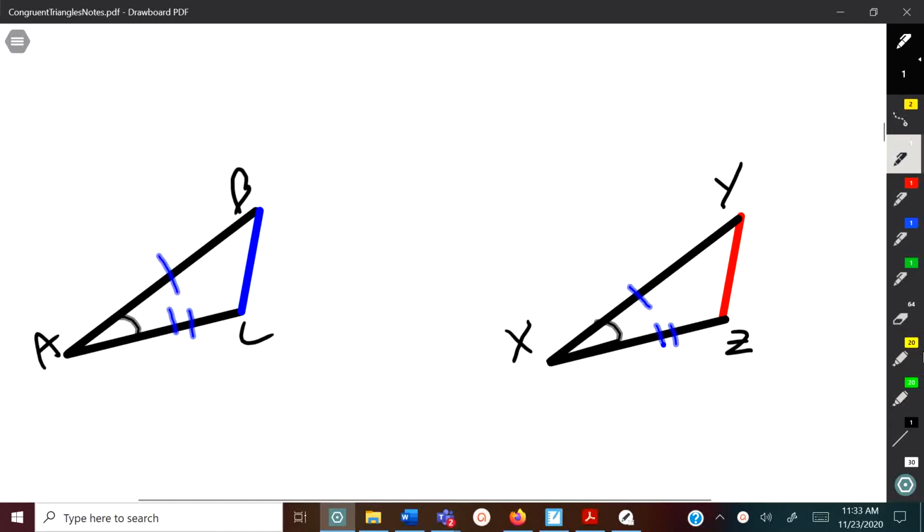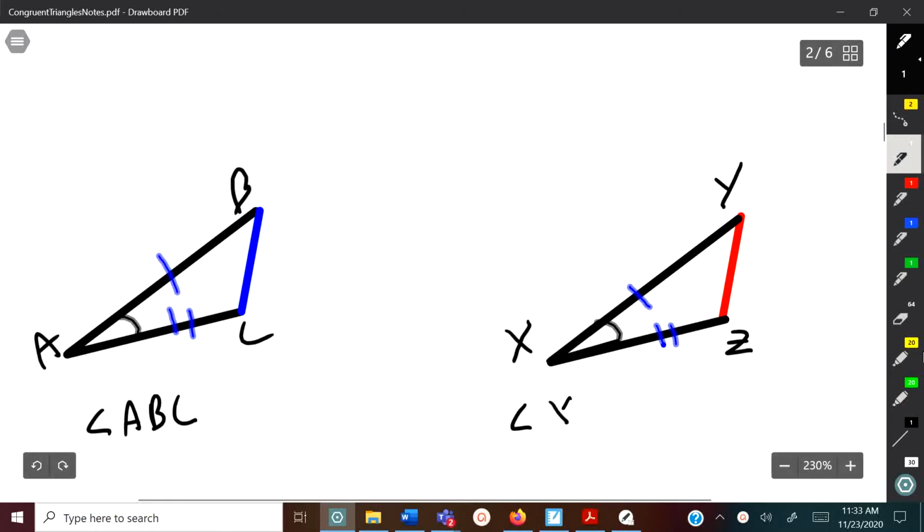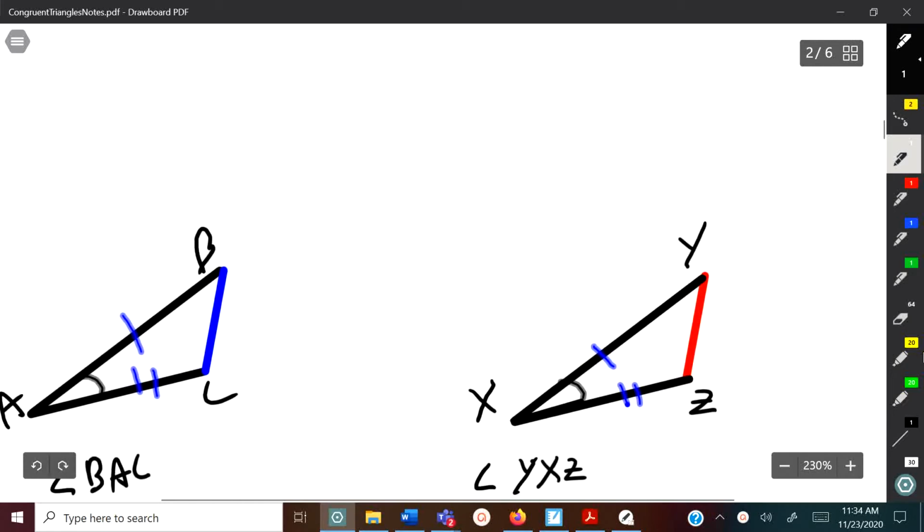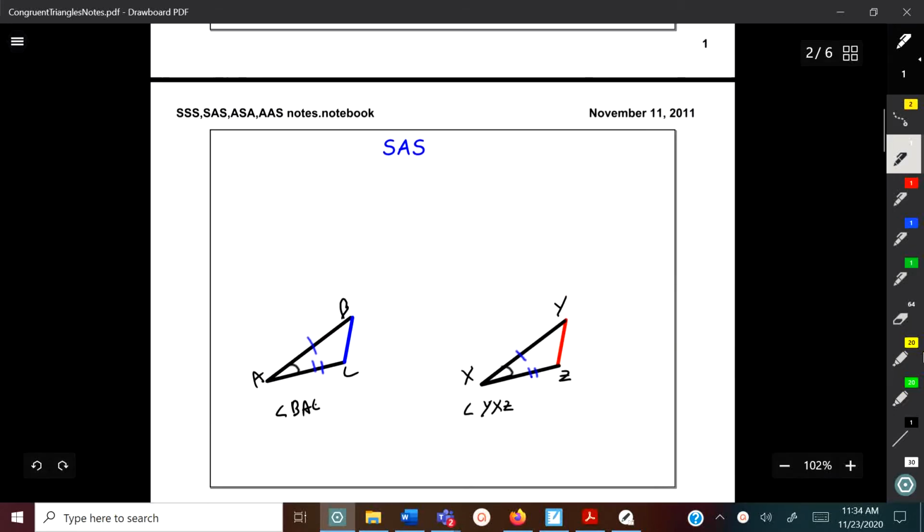The angle in between, angle BAC, is congruent to angle YXZ. I messed this up, so let me go back and fix it. That angle is in between the two corresponding congruent sides, and once you have that, you have side, angle, side.